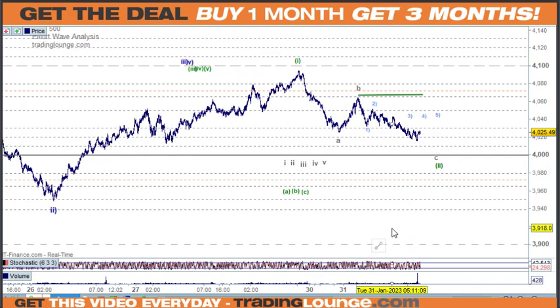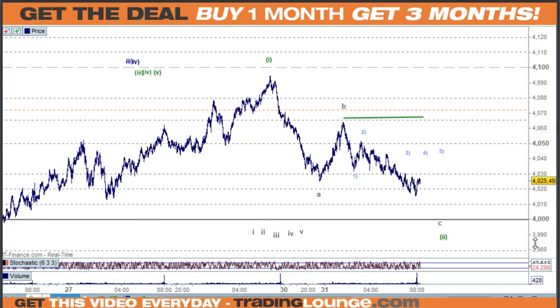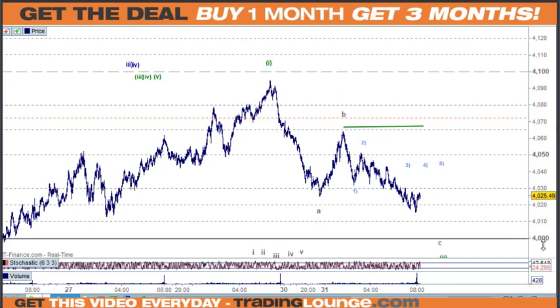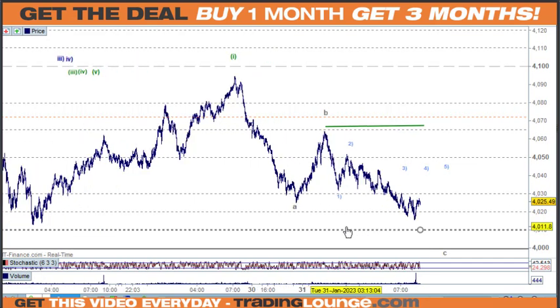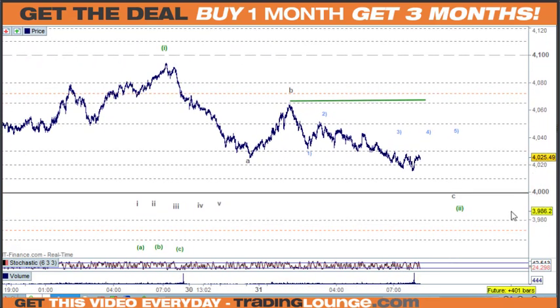But let's see. We've got a nice impulse wave here, no doubt about that, and we've got this move up here, pulling back 50-60%, retesting supply. And then we've got this move down here.